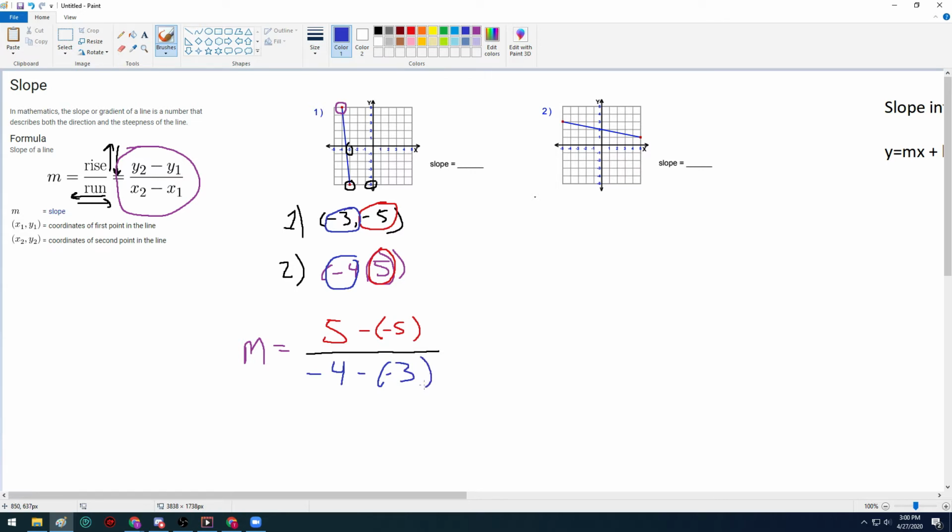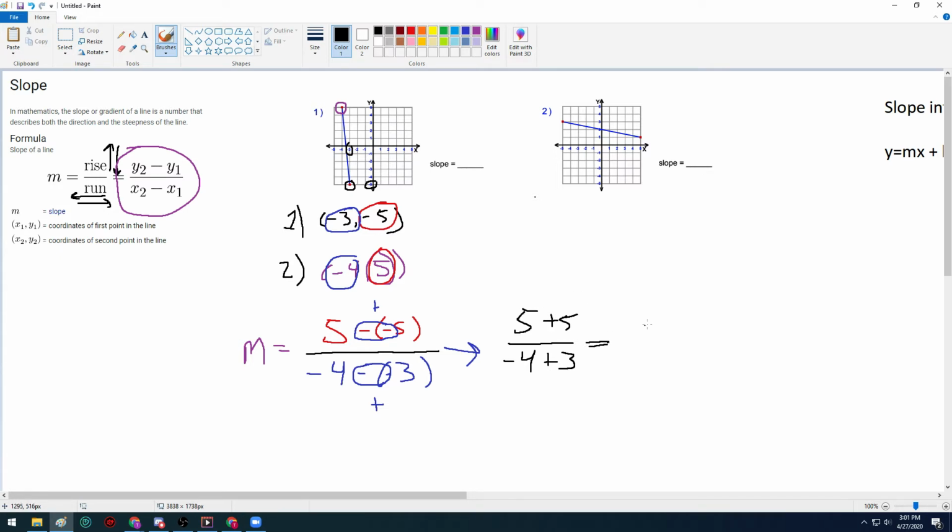Doing this, we know that a negative and a negative make a positive on top, and a negative and a negative make a positive on bottom. So this can be rewritten as follows: 5 plus 5 over -4 plus 3. Our top is going to equal what?